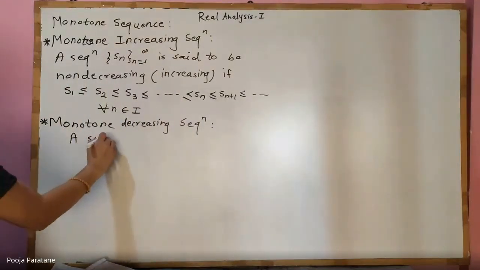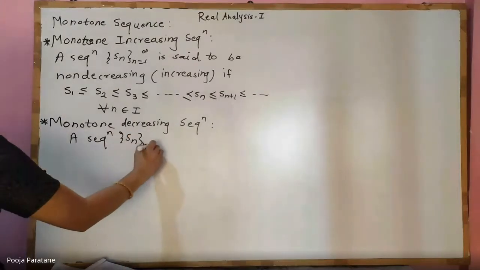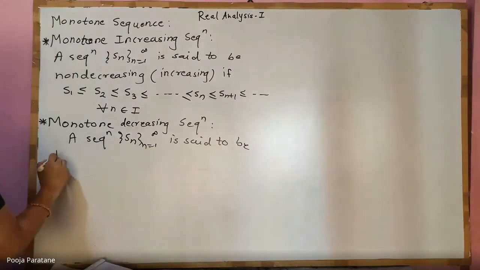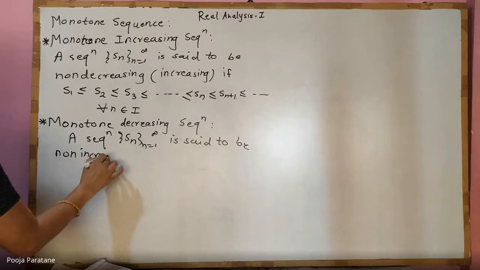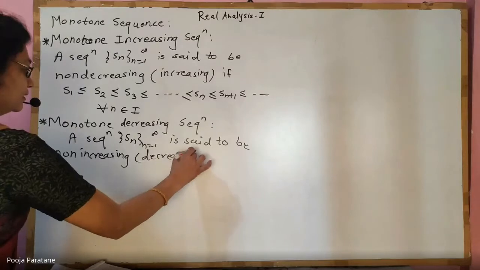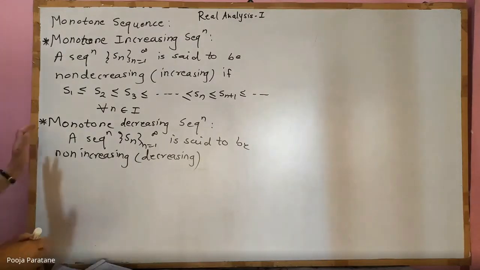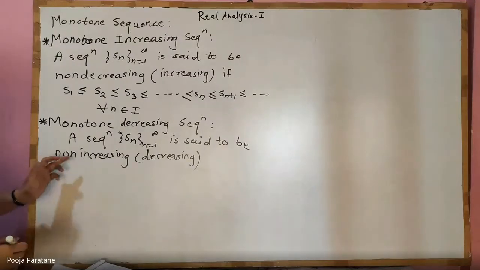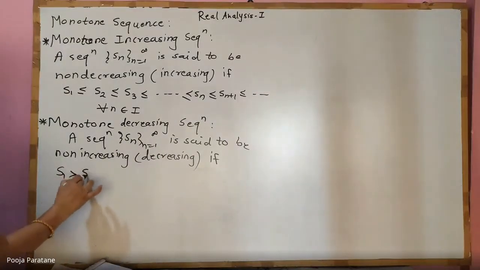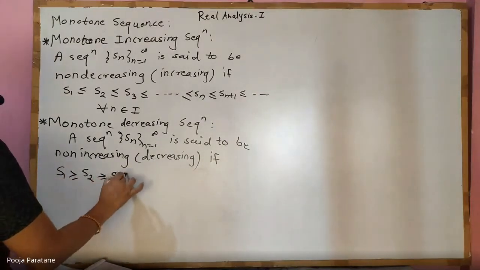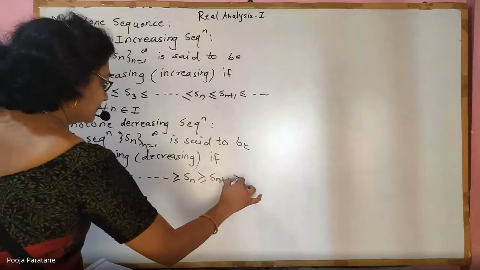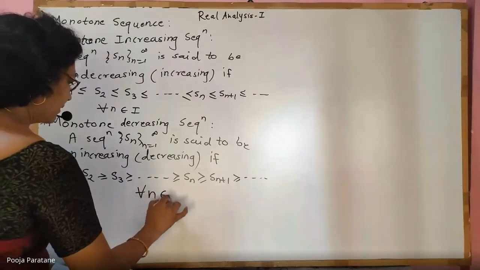A sequence Sn is said to be non-increasing, which means a decreasing sequence, if S1 is greater than or equal to S2 is greater than or equal to S3, greater than or equal to Sn, greater than or equal to Sn plus 1, for all n belongs to I.